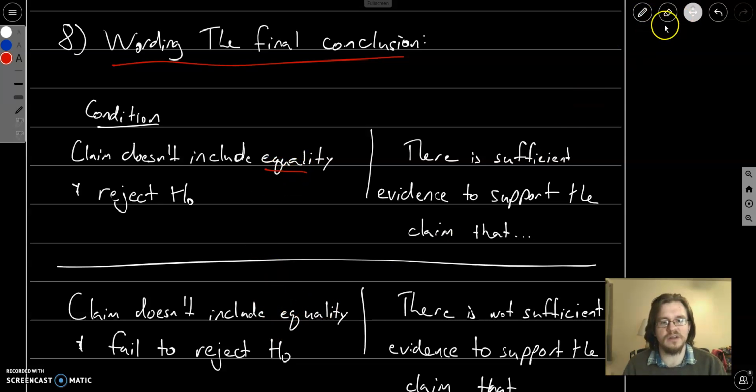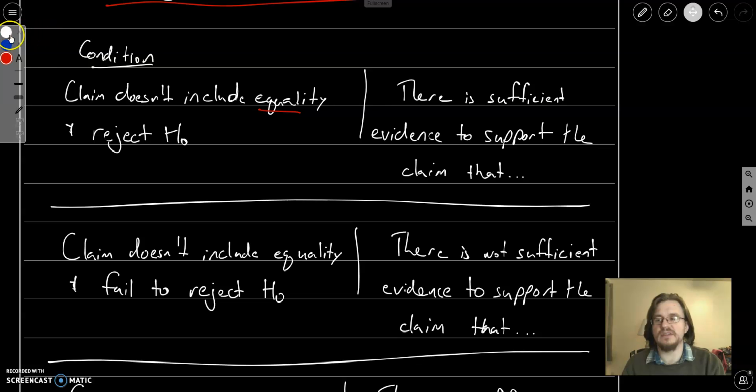So for instance, if the original claim doesn't include equality, and we reject H0, we would say that there is sufficient evidence to support the claim that blah, blah, blah. So because our original claim doesn't include equality, our claim is going to be the alternative hypothesis.